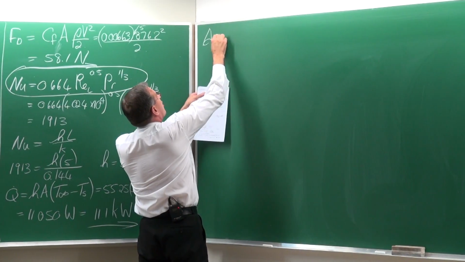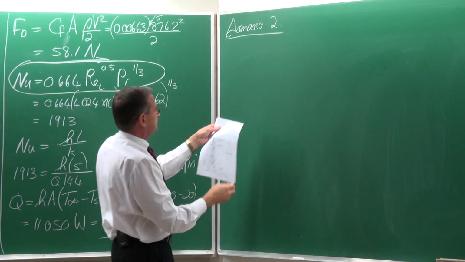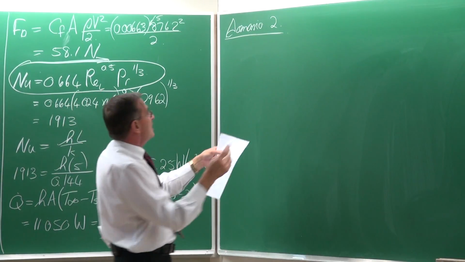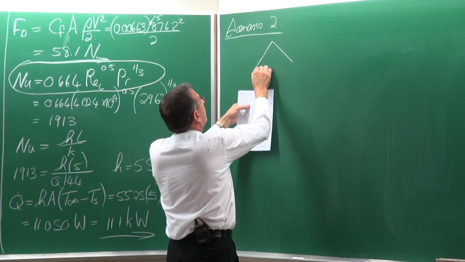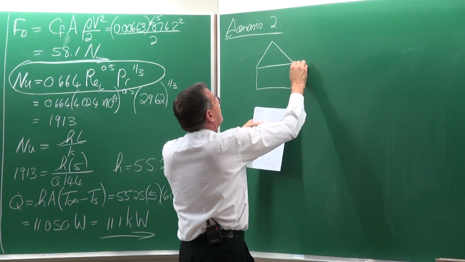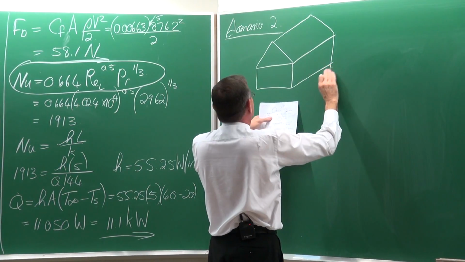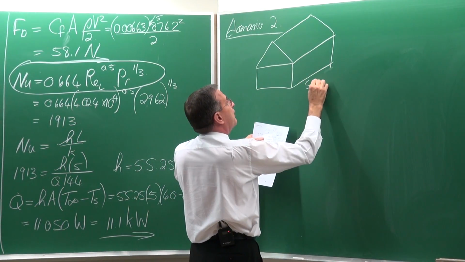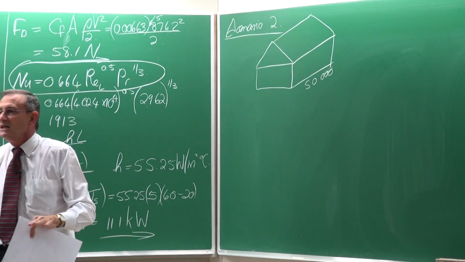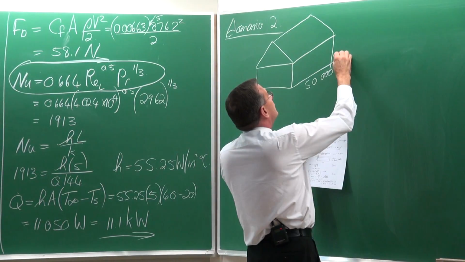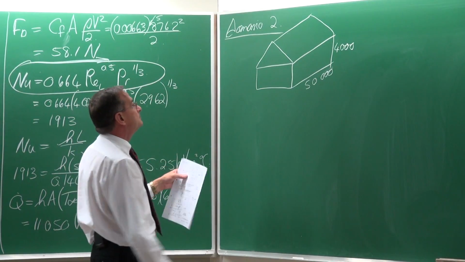And that is scenario 2. In this case, we've got a house. The length of that wall is 50 meters, so 50,000 millimeters, and the height is 4 meters, or 4,000 millimeters.